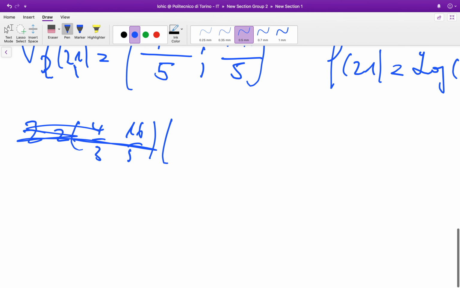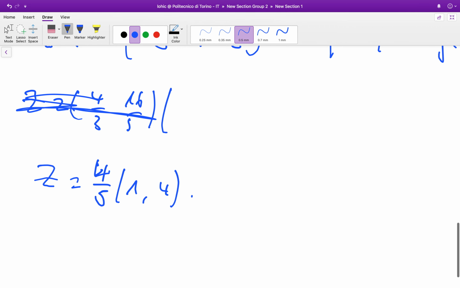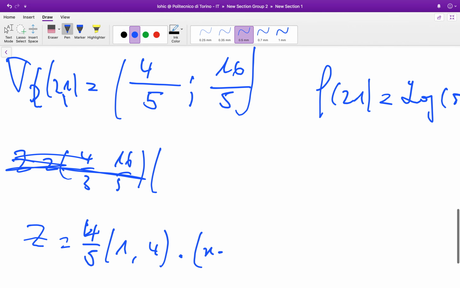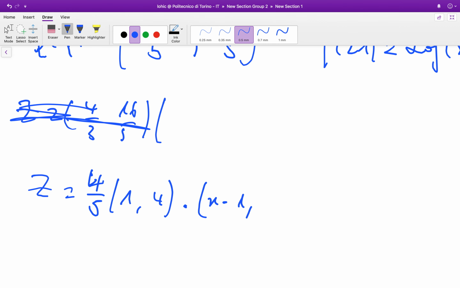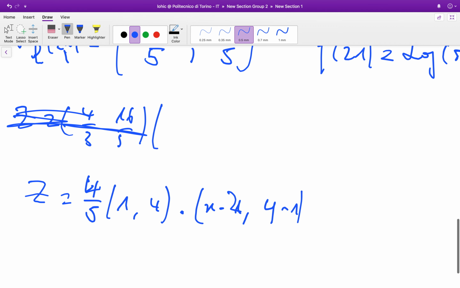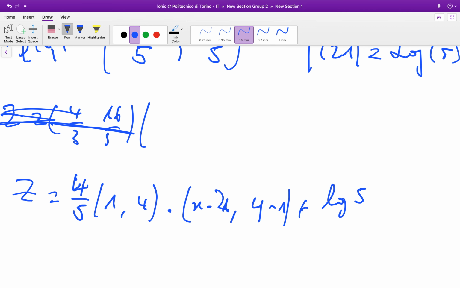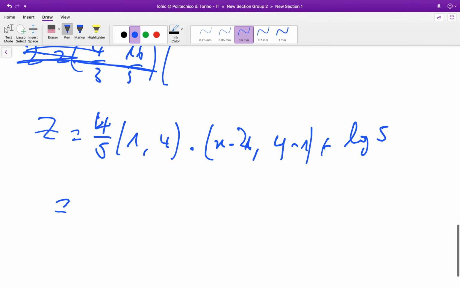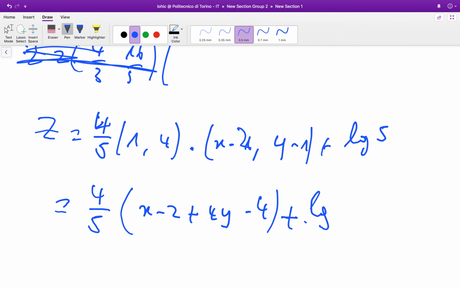Let's say I can take 16 over 5 out, so z equal to 4 over 5 out, because this will be 1 and this will be 4, dot product of x minus 2 and y minus 1, plus log of 5. This gives 4 over 5 multiplied by x minus 2, plus 4y minus 4, plus log of 5.